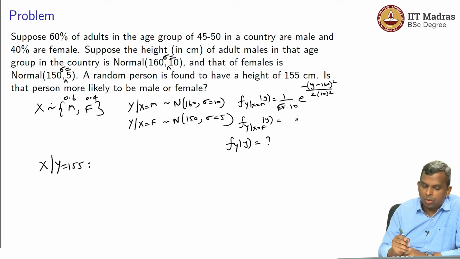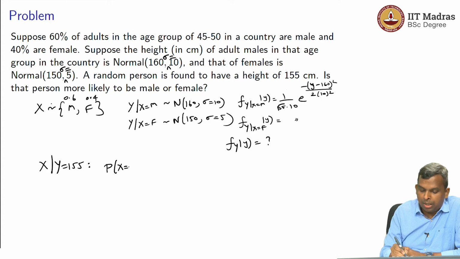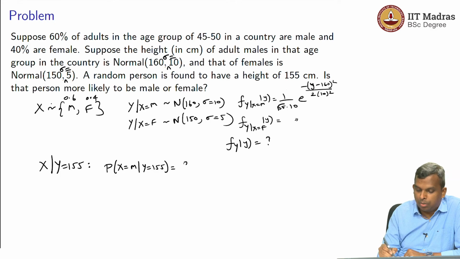Here, what one can do is try and find the probability that X equals M given Y equals 155. Let's try and evaluate that. That's going to be 0.6 times the conditional density evaluated at 155 given X equals M. That's going to be 1 by root 2 pi 10, e power minus (155 minus 160 is 5) 5 squared by 2 into 10 squared.